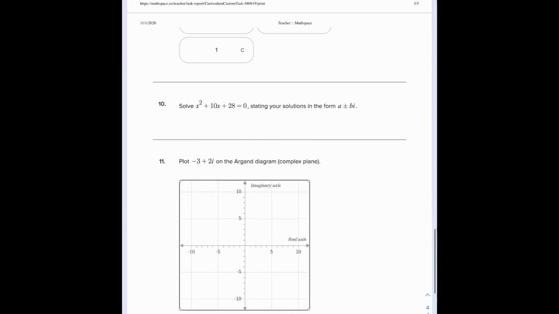All right, number 10. Solve, again, quadratic formula. x equals opposite b plus or minus the square root of b squared minus 4ac all over 2a. Okay, so our b is 10. So we have opposite 10 plus or minus, what's 10 squared? 100 minus 4 times a is 1 and c is 28.